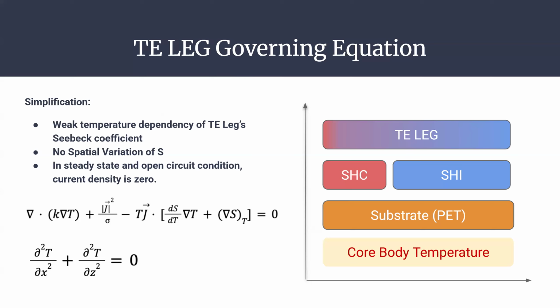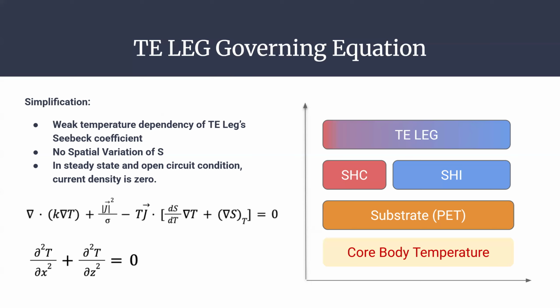In order to model the temperature distribution in that component effectively, we made the following simplifications to the equation that you see on the bottom left-hand side, which dictates the thermoelectric behavior of the TE leg.